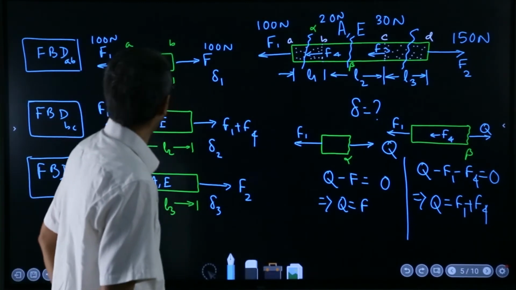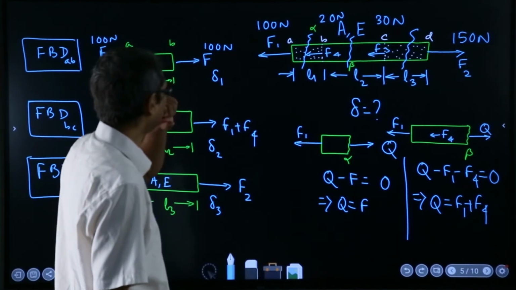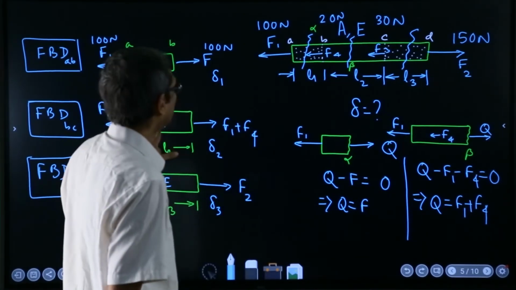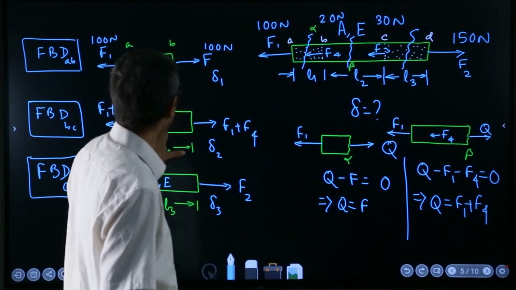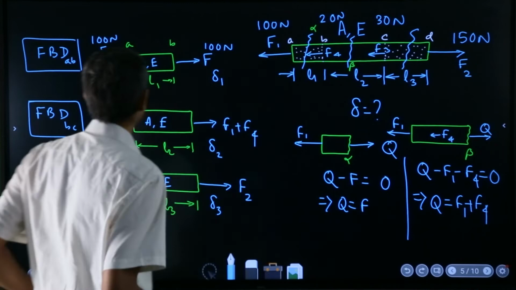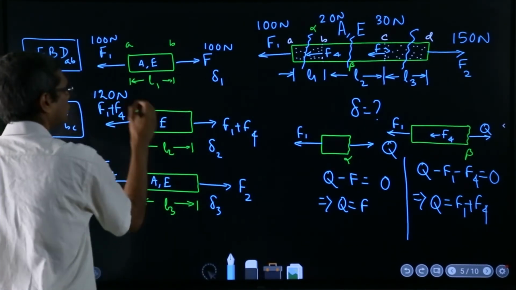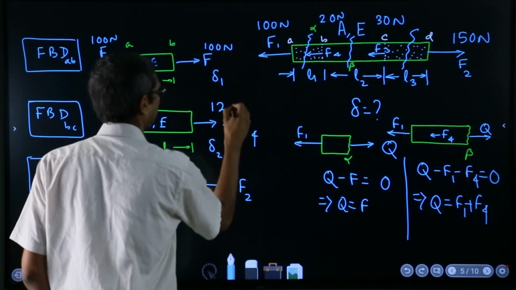And then this one, what should be its value? F1 plus F4, so 120 Newton, right? So this is under 120 Newton of force, and this side also 120 Newton of force.